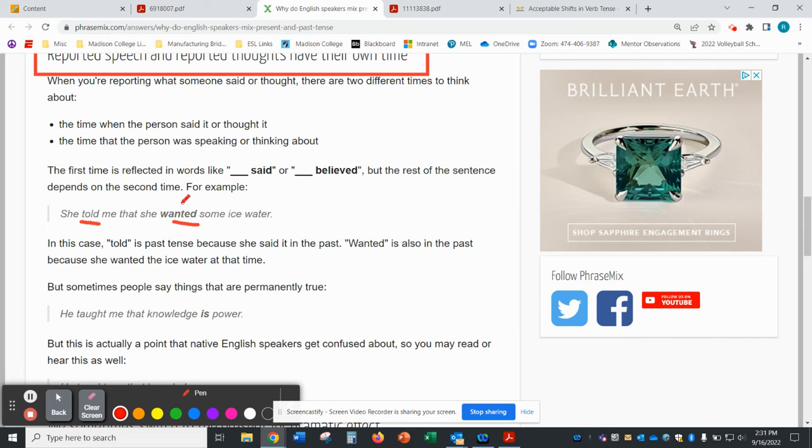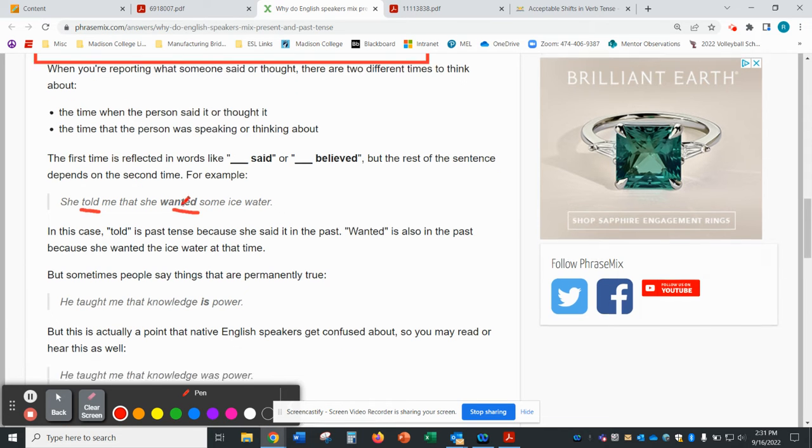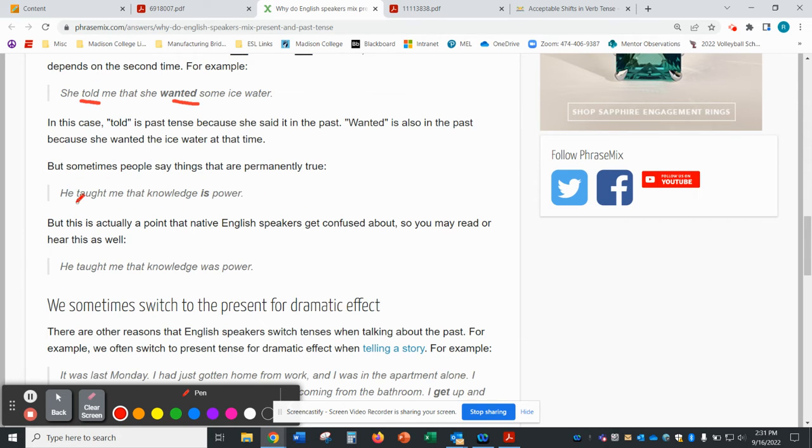So simple past, simple past. But sometimes we say things that are always true. So he taught me in the past, he taught me something. I learned something, but what he taught me is used in the simple present because it's always true. Here they use permanently true, but I say always true. It could be a scientific truth.